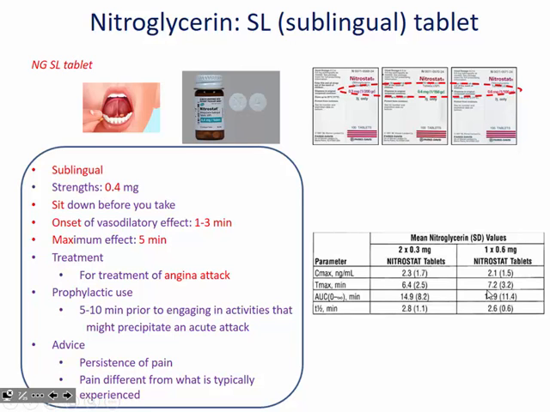All right, so how long is the duration of nitroglycerin? Do you know? What is the duration of action of nitroglycerin, sublingual tablet? About 45 minutes, 30 minutes to 60 minutes.